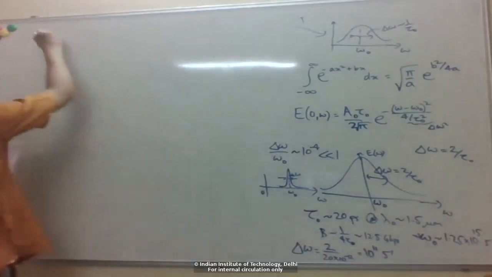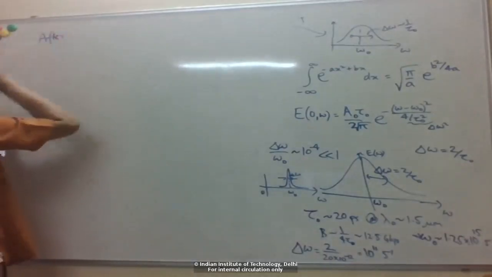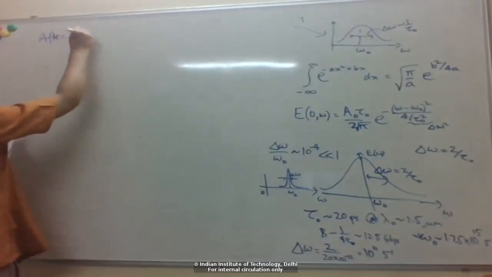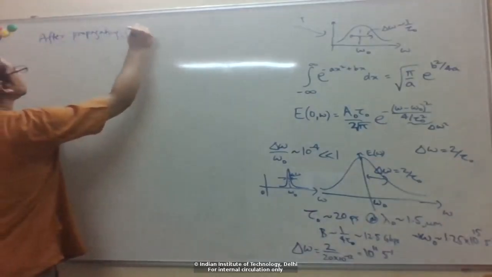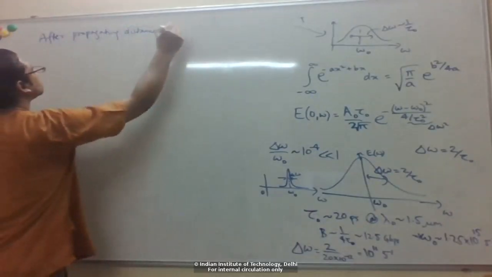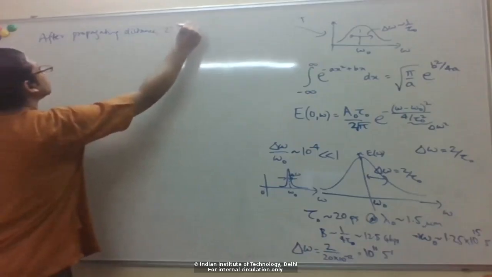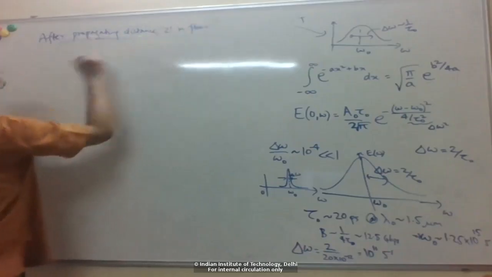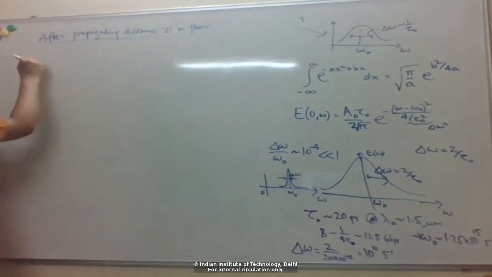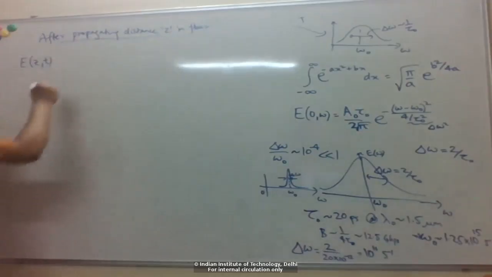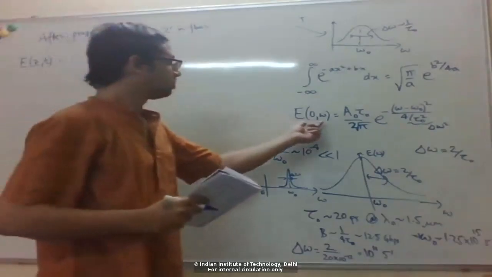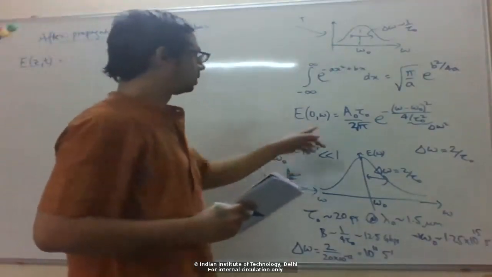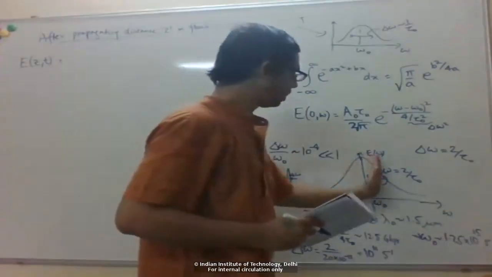So now, let's say after a propagation length z in the fiber, if you want to calculate the electric field at distance z as a function of time. Again, we know the input spectrum, so we know the amplitude at each frequency.